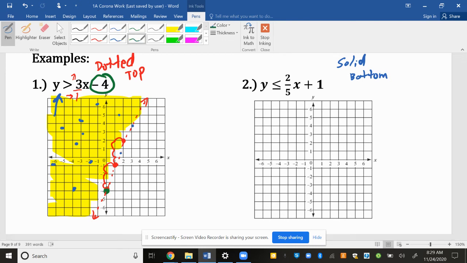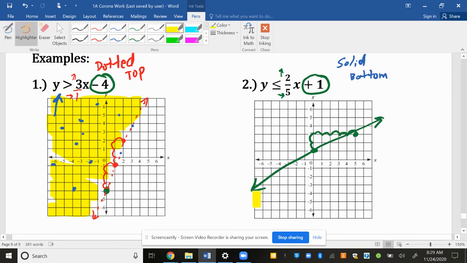So let's just get right into graphing. I start with my y-intercept of +1, put my dot. My slope is already a fraction, up 2, right 5: up 2, right 1, 2, 3, 4, 5. Solid line. I wrote my notes earlier. I kind of missed the dot there, but we get it. And we're going to shade the bottom. All the solutions to this inequality are down here.